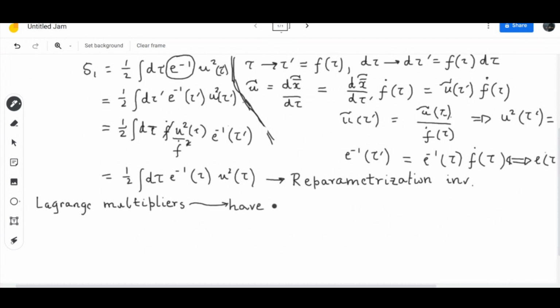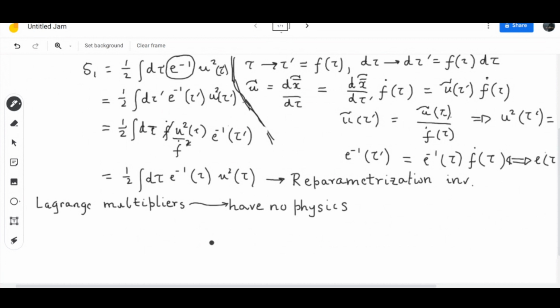In other words, by this I mean, they do not describe propagating degrees of freedom. My statement is that Lagrange multipliers do not correspond to propagating degrees of freedom.